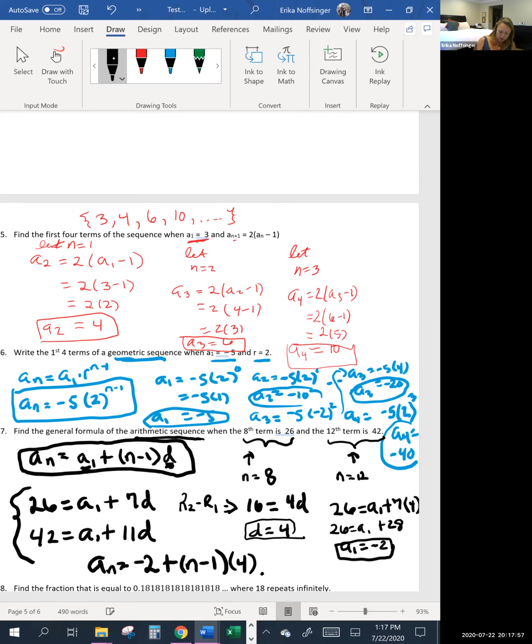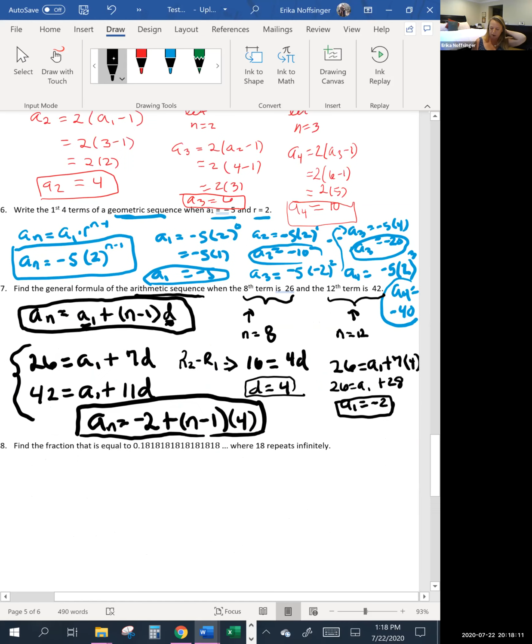I can leave it like this. If I was going to look at other terms, I would expand it, but for now, I'm not going to.